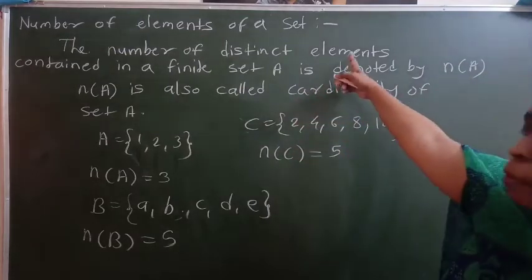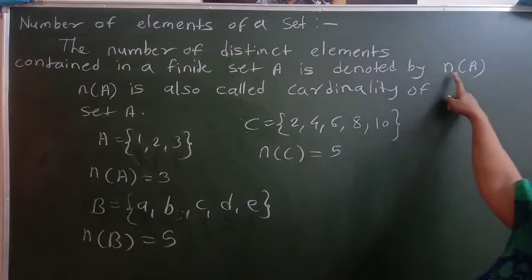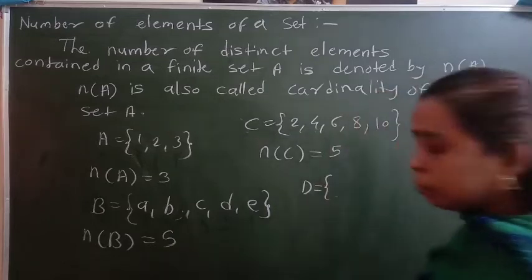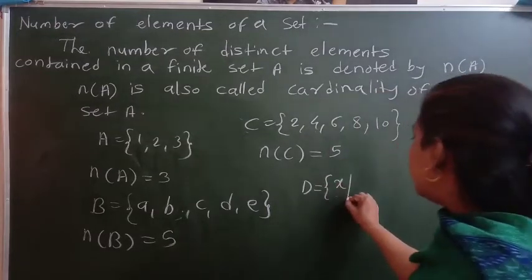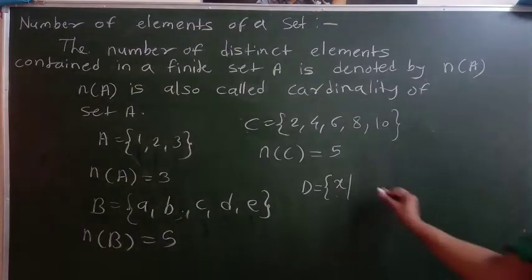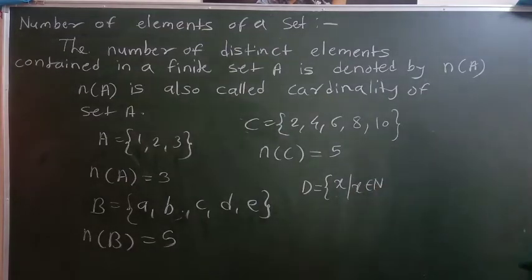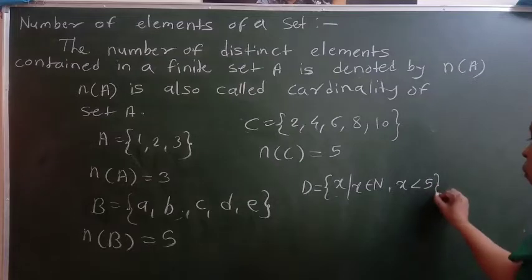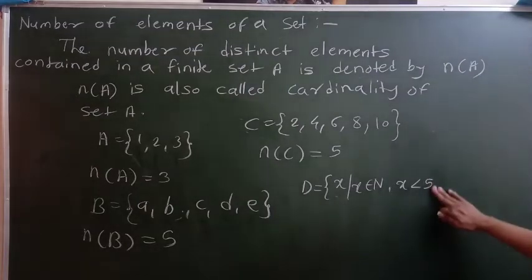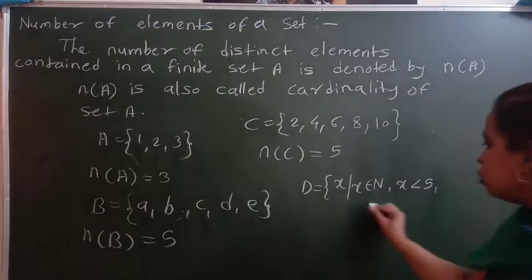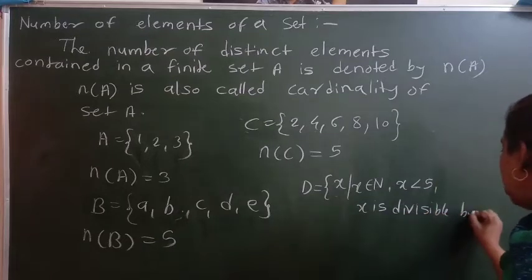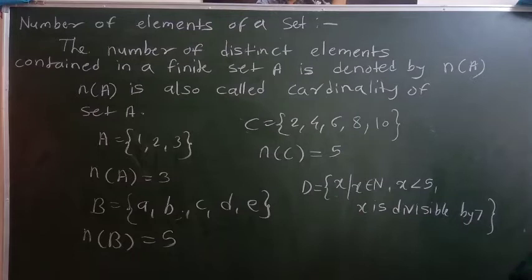So total number of elements present in that set is denoted by n of A. Now suppose this is set D. Now you can write x such that x belongs to N and x is less than 5 and again x is divisible by 7.